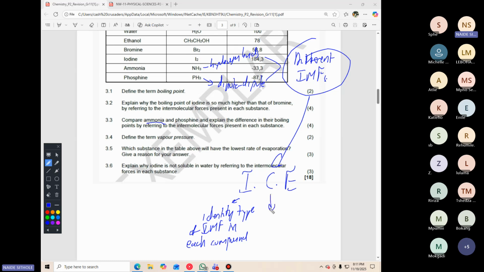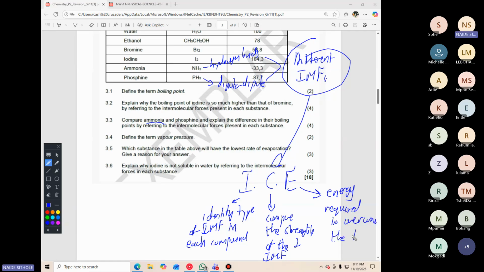And then here, compare the strength of the two intermolecular forces. And then here, speak of the energy required to overcome the intermolecular forces.